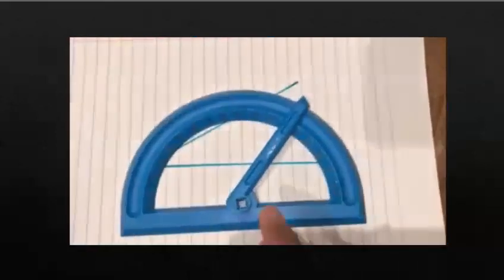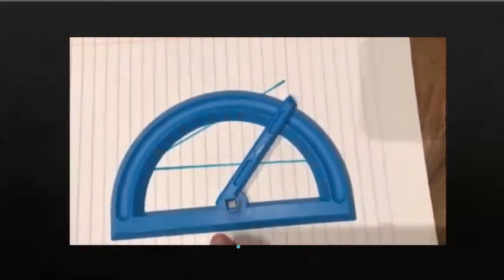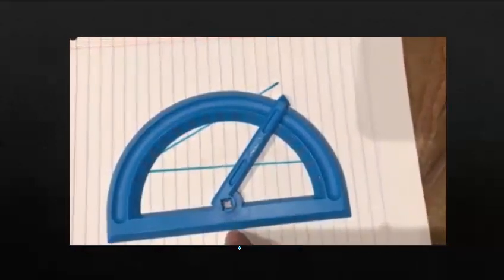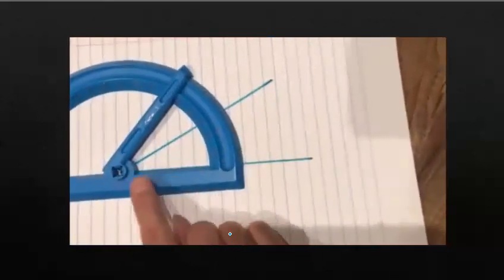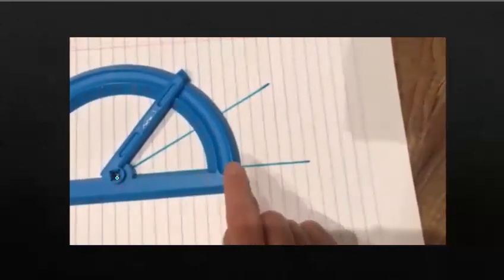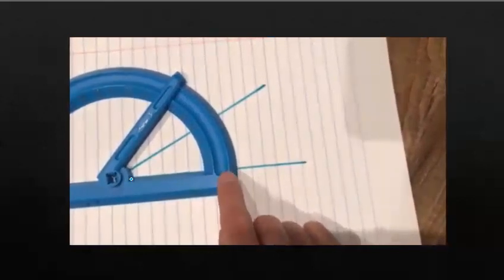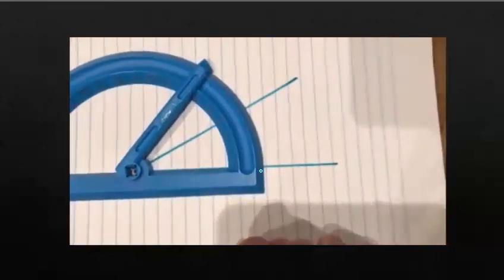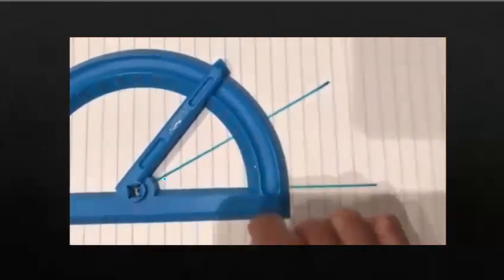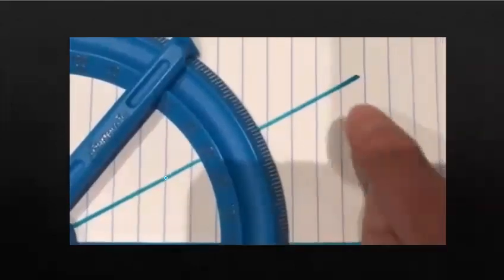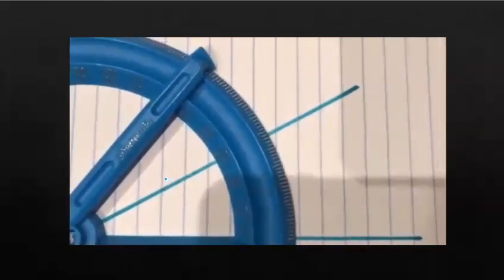When measuring an angle, we want our protractor to have the vertex lined up in the middle. I have another protractor that has starting at the bottom, but on this one, we know that we'd put the vertex right here. And the reason that I know it's up here and not down at the bottom is because this comes out right at 0. Then we're looking at where that top line goes. We see that it's one mark below that major mark.